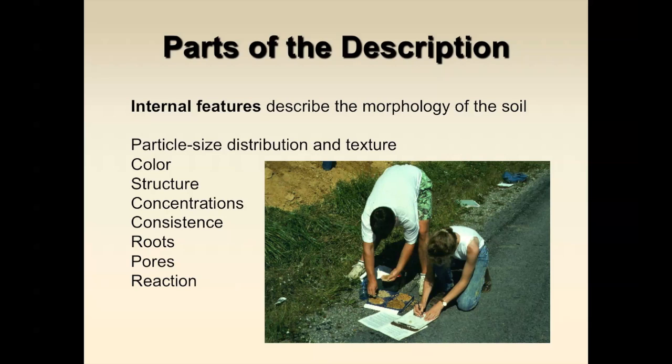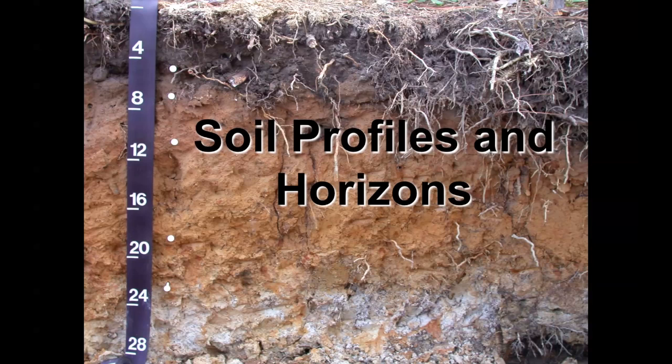Are there big pore spaces, or is it all compacted? And reaction is usually a soil scientist term for pH. Those are things we'll be looking at when we go out in our field practical. I don't know if it's going to be at City Roots or over at my place. I've got a garden, and we might look at it there.